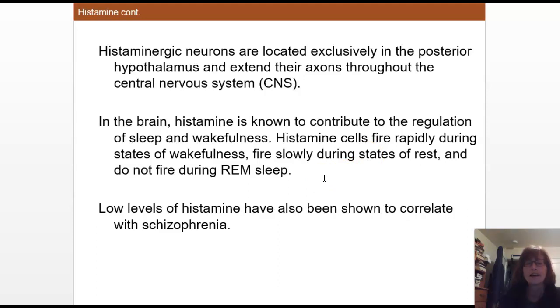They don't fire any action potentials when we're having REM sleep, which is that rapid eye movement sleep that we associate as our dream state mostly. If there are really low levels of histamine, that's had some correlation with people who have schizophrenia.